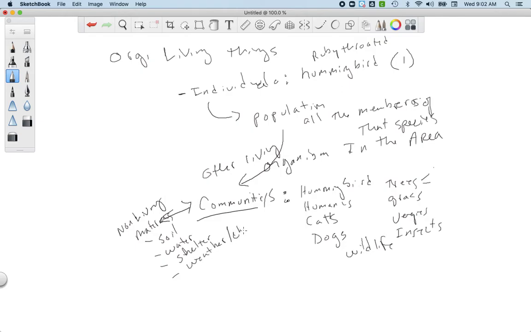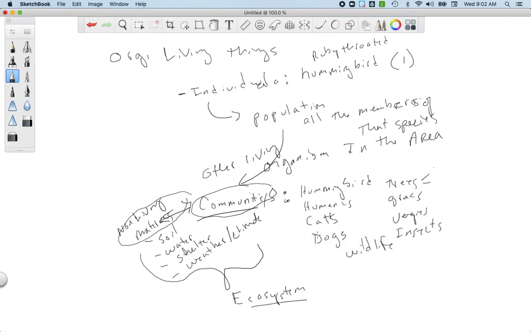And around here, part of that is going to be climate, and that'll be important later on. So when we start talking about these communities and the non-living things that work together there, or they need to deal with, then we get an ecosystem. So how do all these living things use all these non-living things? How do they interact with one another? That's what we call an ecosystem.